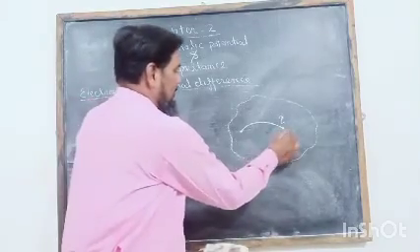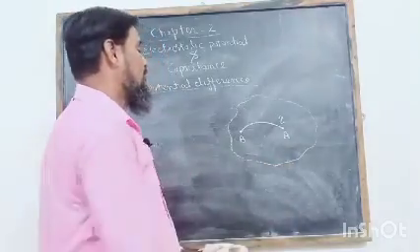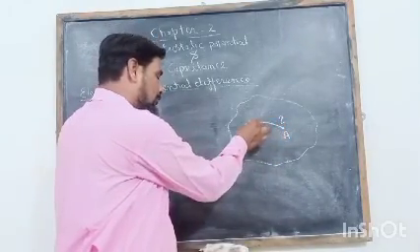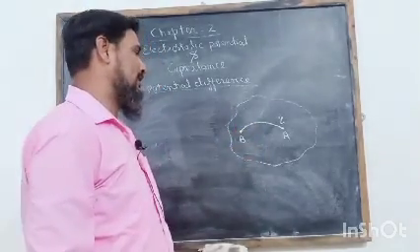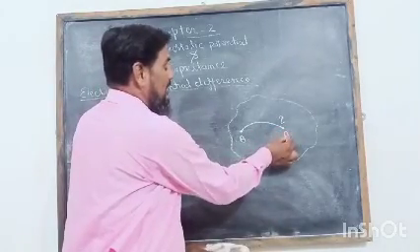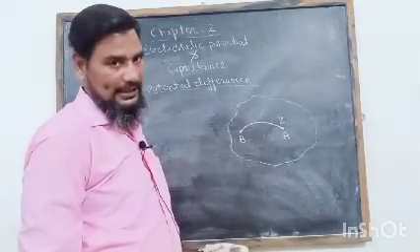let this be point A and this be B. So we have to do work against this electrostatic force, and this work done is called the electrostatic potential difference between these two points. Again, I am explaining.